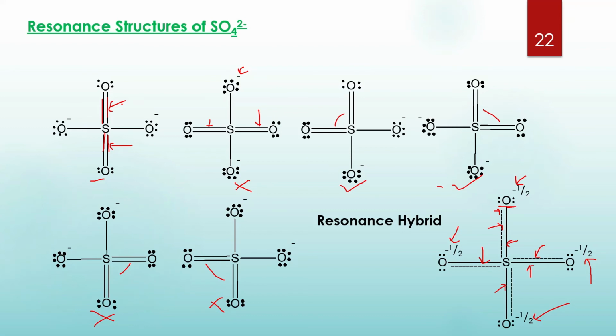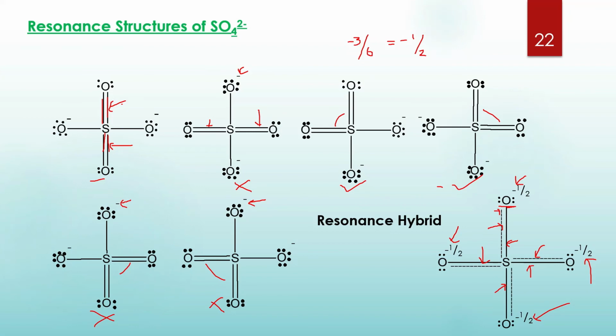Again 0, 0, minus 1, minus 1. So we have 3 minus 1s, and by adding them, you get minus 3. Then we divide minus 3 by the total number of resonance structures drawn. Here we have drawn 6 resonance structures, so we divide minus 3 by 6, which is equal to minus half.